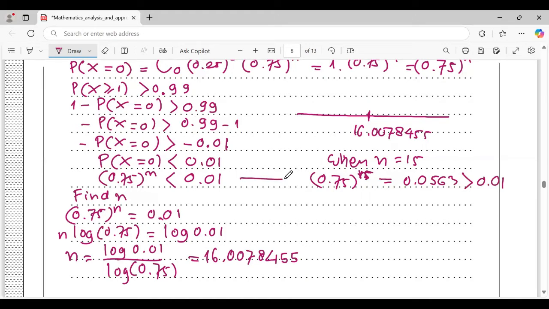So compared with this inequality, if n equals 15, this is incorrect.